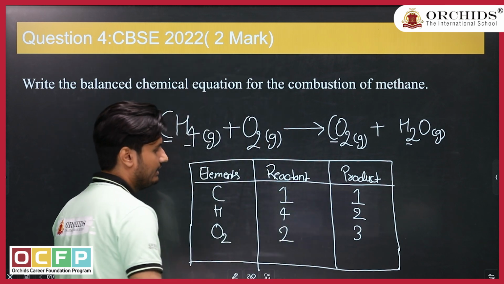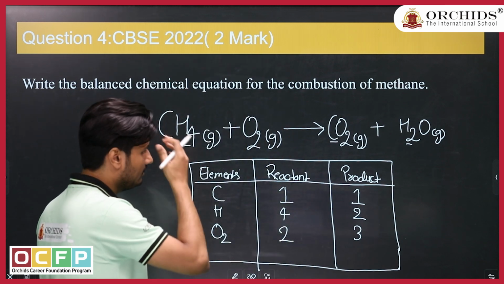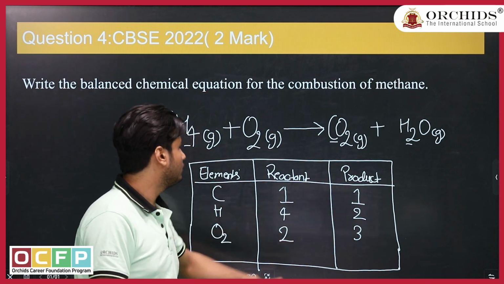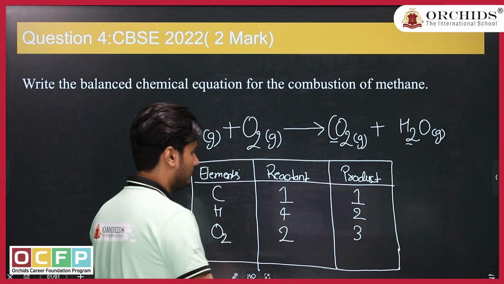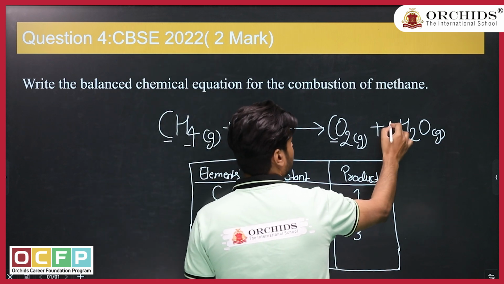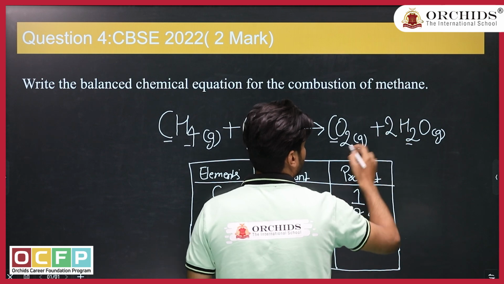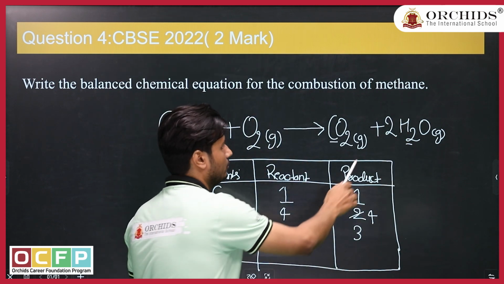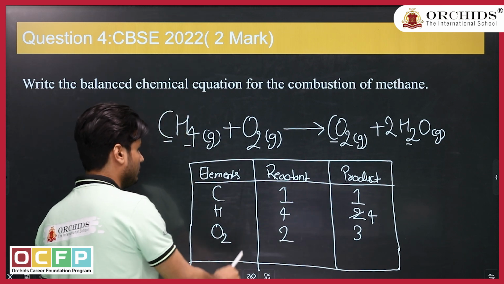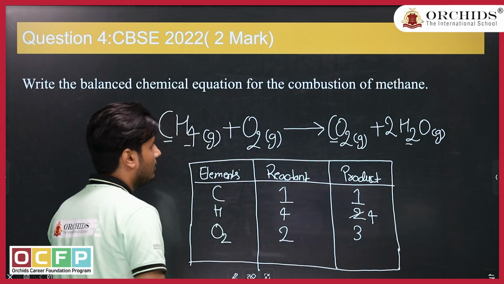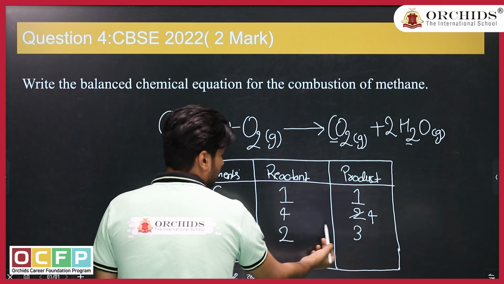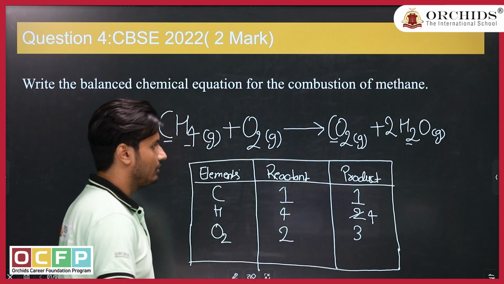So we will use our hit and trial method, alright, to balance it. Okay. So there are 4 atoms of hydrogen over here and only 2 over here. So let's balance the hydrogen first and make it 4 by putting a coefficient 2 over here. Alright. So 2 2s are 4, 4 atoms of hydrogen, 4 atoms of hydrogen. So hydrogen is balanced. Alright. Now our oxygen is unbalanced, 2 oxygen over here, 3 oxygen on the product side.